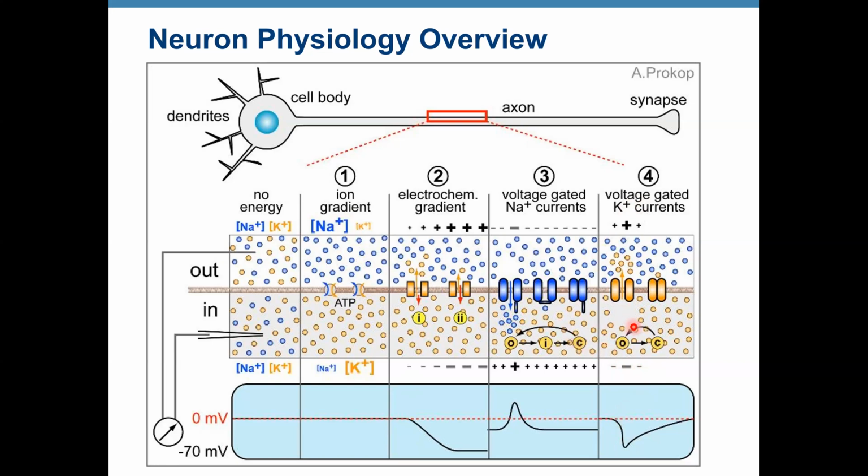So we're kind of good over here, we're negative inside and positive outside, but look, now we have this. I don't like this picture very much. If sodium moves in and potassium moves out, we have lots of sodium inside and lots of potassium outside.